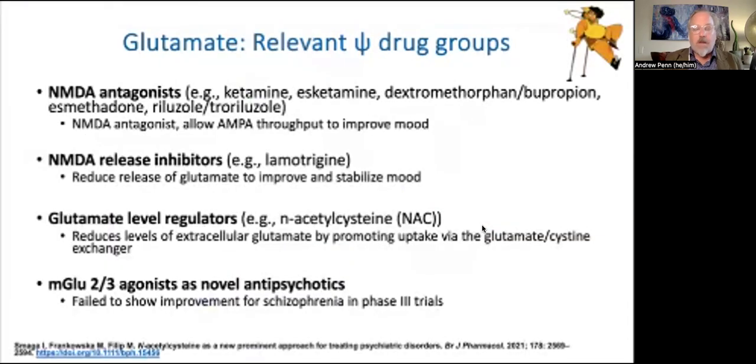So drugs that affect glutamate. Some you may already be familiar with, such as ketamine or S-ketamine. Also dextromethorphan, which is commonly thought of as a cough suppressant, which it is, also is a glutamate receptor antagonist. The problem is it wears off fairly quickly.